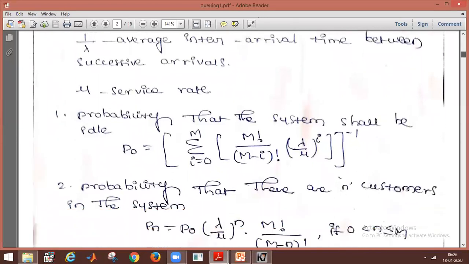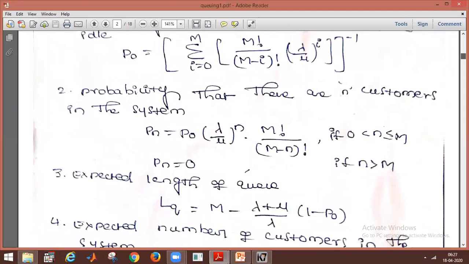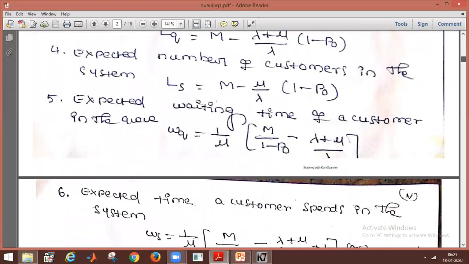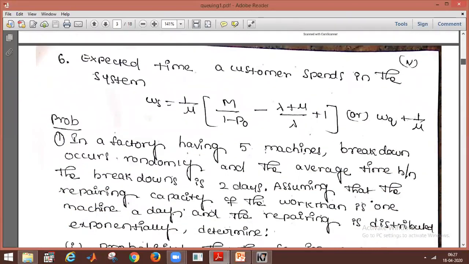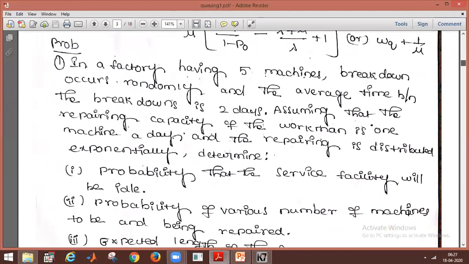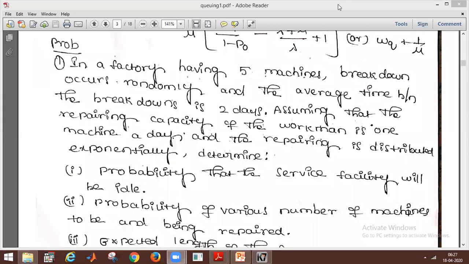Here you have both formulas, which can be applied depending upon the problem. First we have to select one problem. The problem is: in a factory having 5 machines.